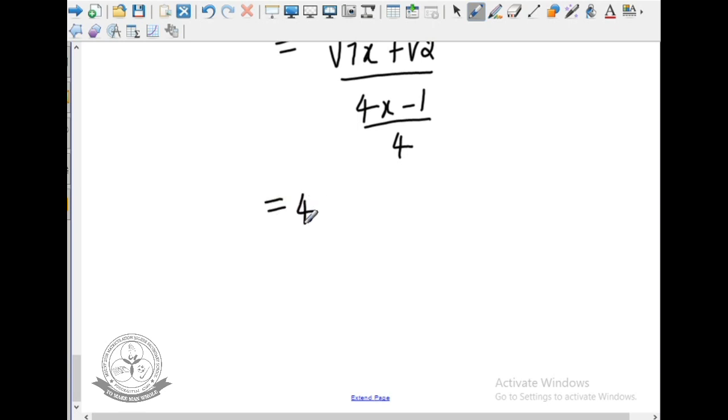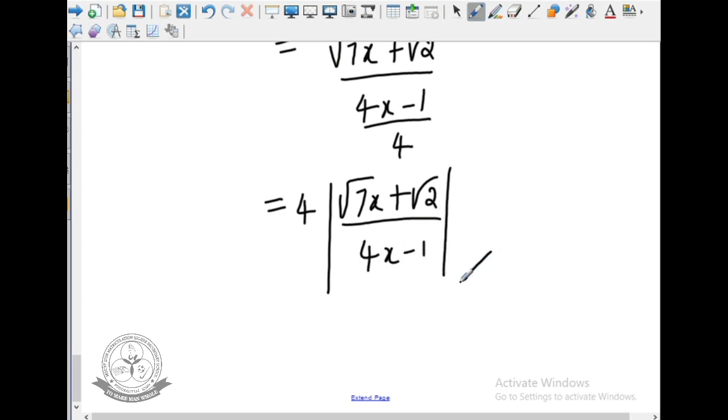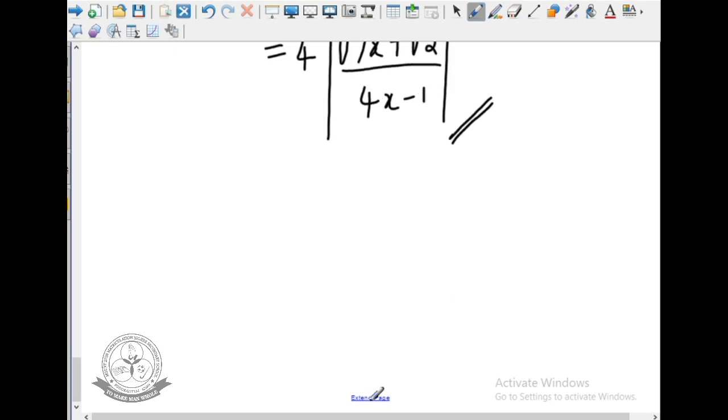So 4 into the modulus of the remaining value, I will take only in modulus value: square root of 7x plus square root of 2 divided by 4x minus 1. The numbers alone you should write outside. The variables you are having, that one you should take in the modulus value.